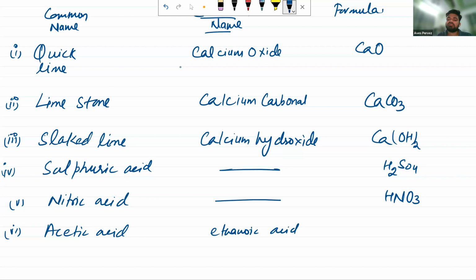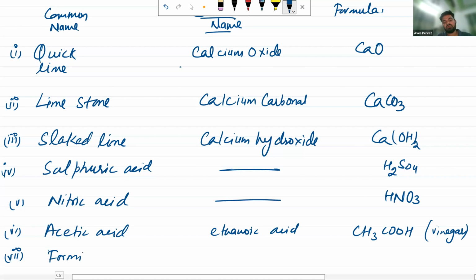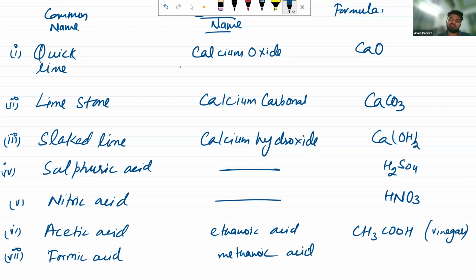Its formula is CH3COOH. It is also found in vinegar. Formic acid, its name is methanoic acid, and its formula is HCOOH. It is found in ant sting.